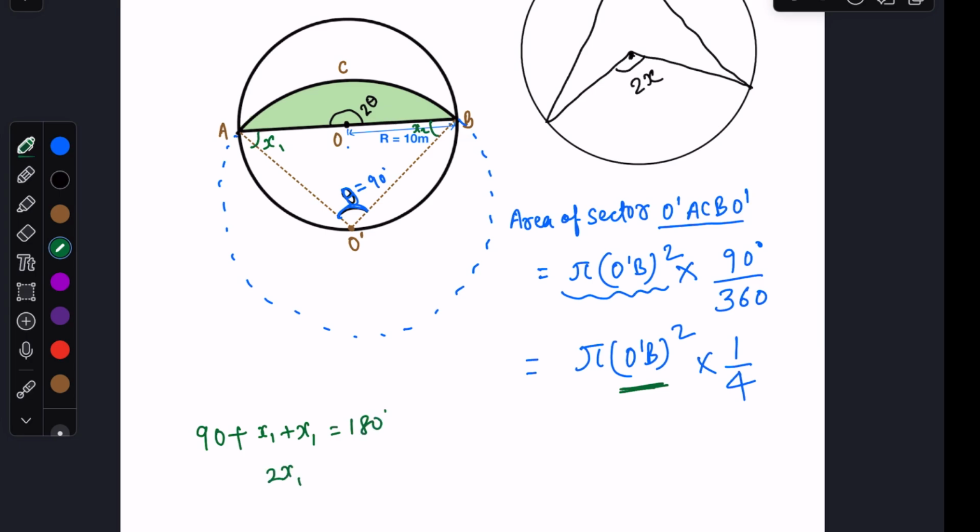So 2x1 is equal to 90, x1 is equal to 90 by 2. So this is 45. So x1 and x2 are 45.